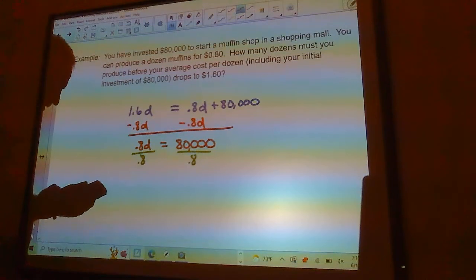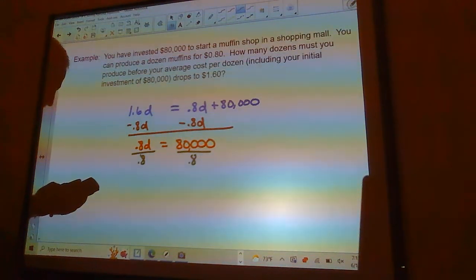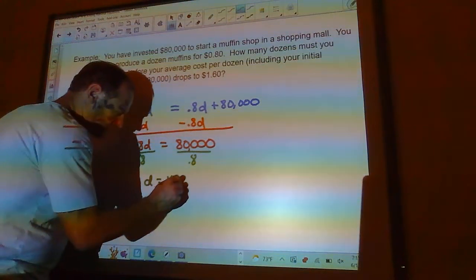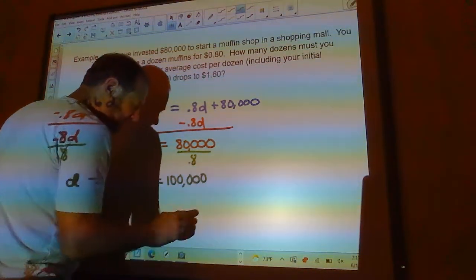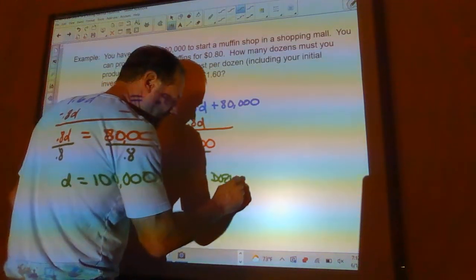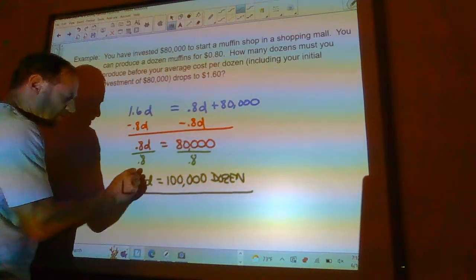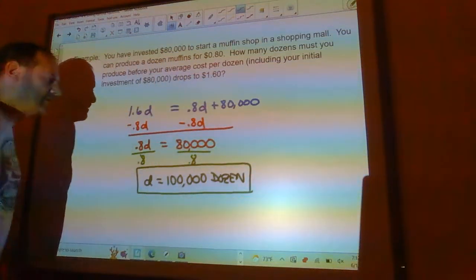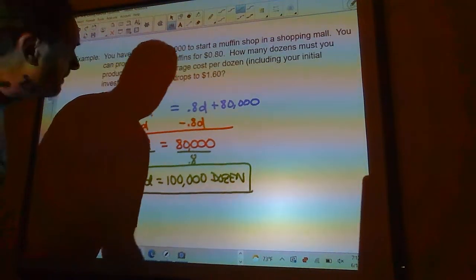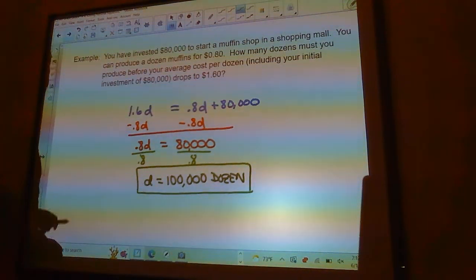And I get 80,000 divided by 0.8, which is 100,000. I need to make 100,000 dozen muffins to get my cost to $1.60 per dozen. That's a lot of muffins. Okay.